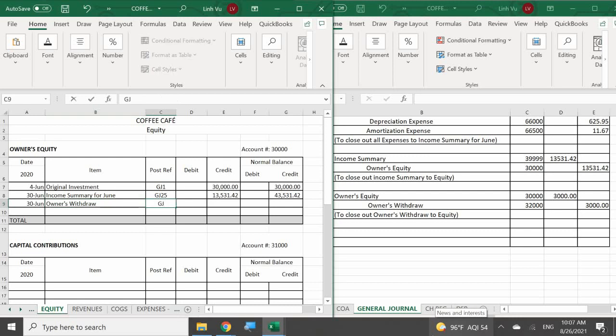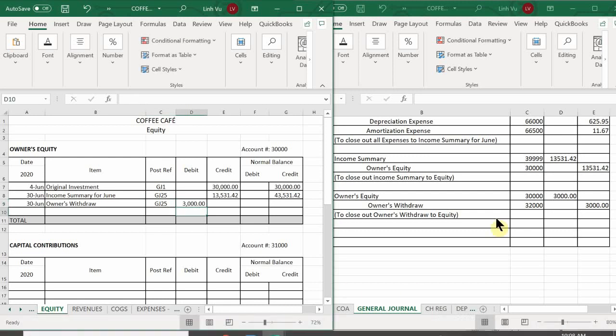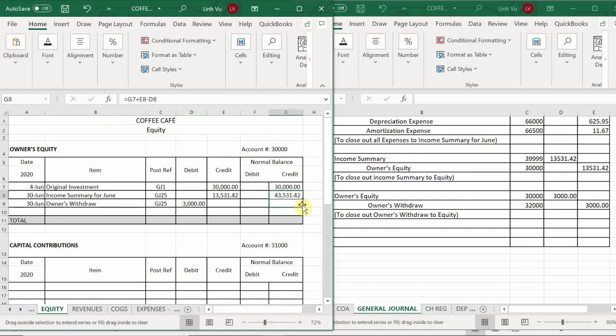Okay. General Journal 25. We're going to debit this by $3,000. So your formula should work, and it should give you your total equity to be $40,531.42, which is the exact number you got in your statement of equity.